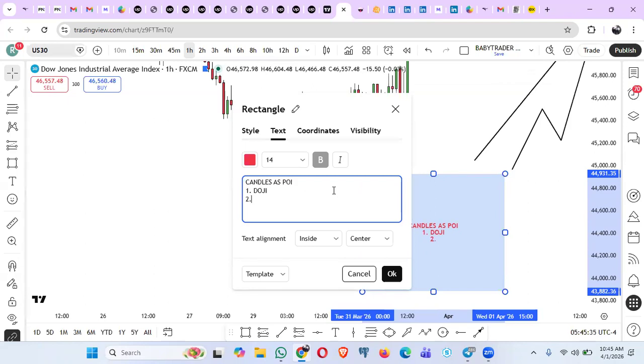The second is your hammer, either inverted or normal. The third is your evening or morning star candle formation.